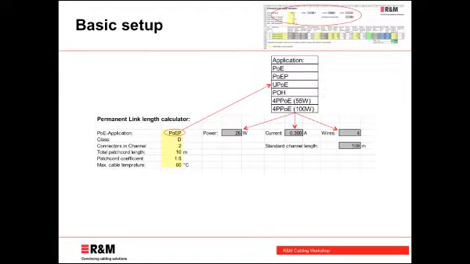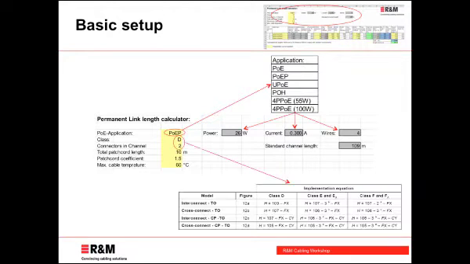So choosing the right application will actually automatically fill in the power level, the currents and the wires used that we need for calculation later on. As a second step, you will have to define your installation itself, so whether it is a 3 connector or 4 connector installation.